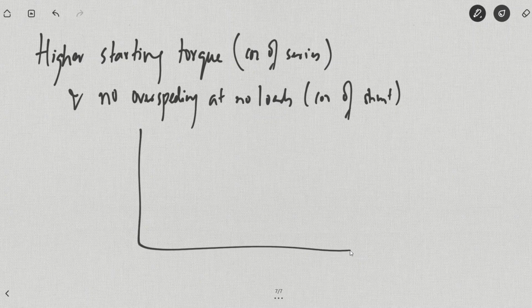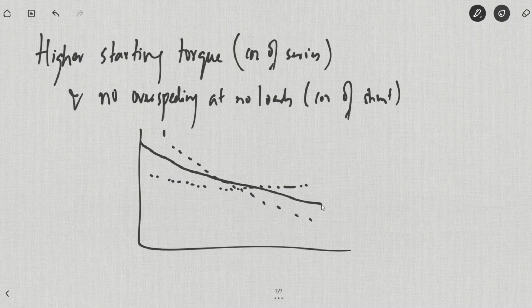We have seen a series field winding. It's a drooping characteristics. Torque speed characteristics something like this. Whereas in case of a shunt DC motor, we saw the torque speed characteristics somewhere like this. It's almost constant. Therefore, for a cumulatively compounded DC motor, the torque speed characteristics will lie somewhere in between.